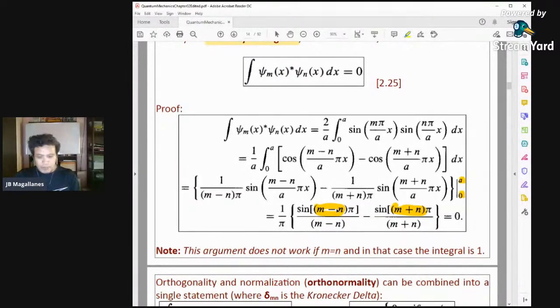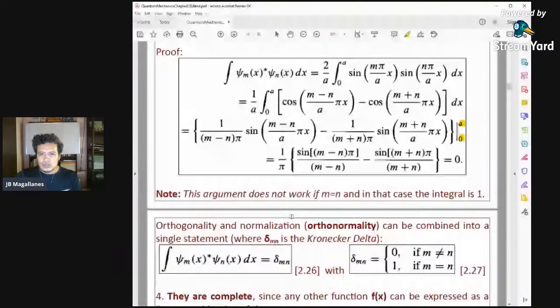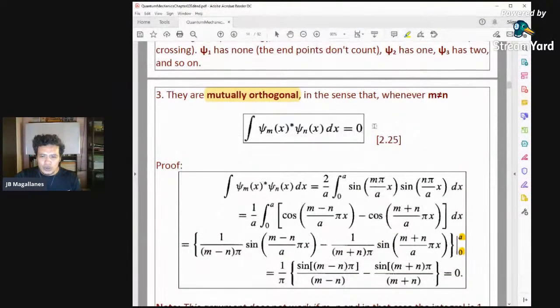But look, it doesn't work with m equal to n. Of course, if you expand sine of m minus n times pi, you will be able to cancel m minus n, and everything will just be equal to 1 if m is equal to n. So this one will give you either 0 or 1, but 1 is only possible when m is equal to n.